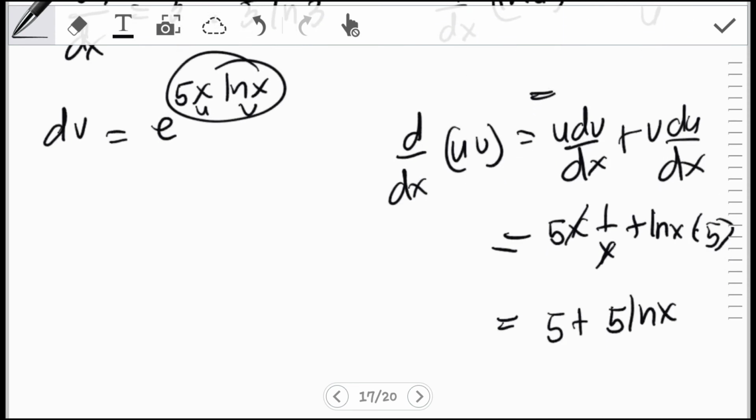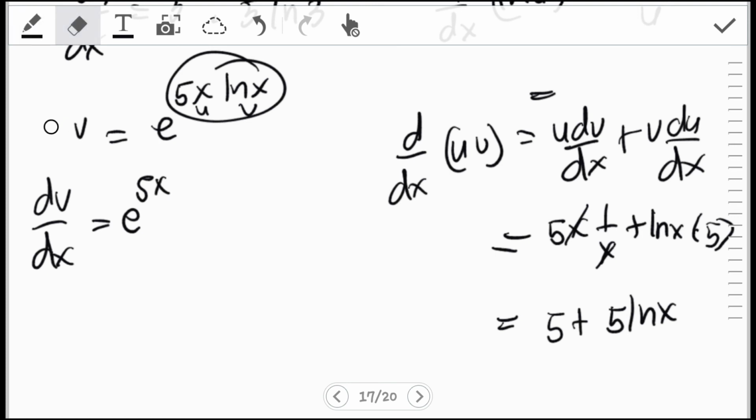Where dv over dx is equivalent to e to the power 5x ln x times the 5 plus 5 ln x.